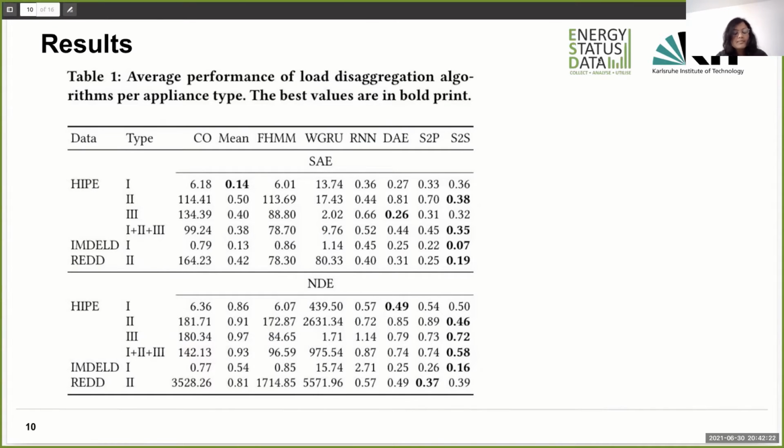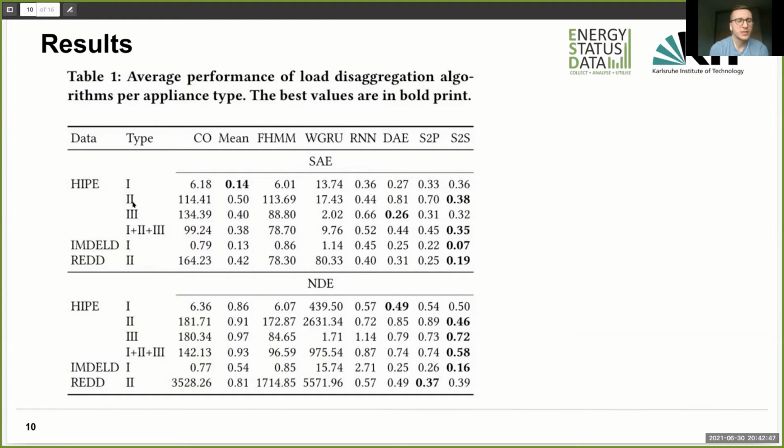My part here is to explain the results of our analysis to you. I will start by describing the table we see here on the slide. In the first column, there are the 3 datasets that Snigdha already described to you. The second column is the type of devices.